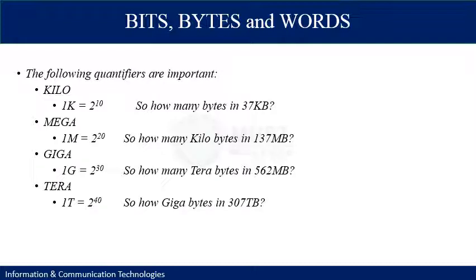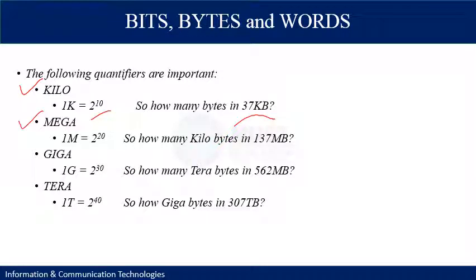So as you have seen, there are different kinds of representation to measure memory, and the most common is the kilobyte, which has 2 raised to the power 10 bytes in 1 kilo. So if you want to calculate how many bytes are in 37 kilobytes, you would multiply by 2 raised to the power 10.